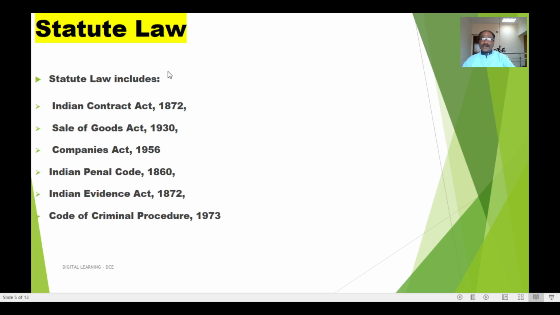Then let us see the examples of statute laws in India. Here are the acts given to help us understand examples of statute laws.